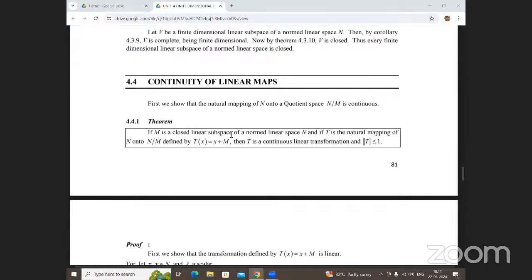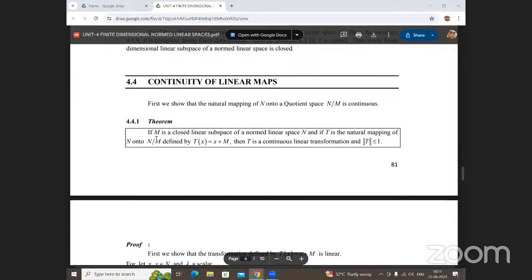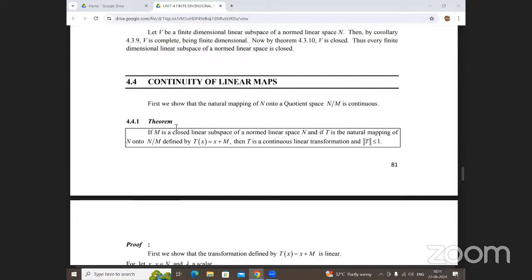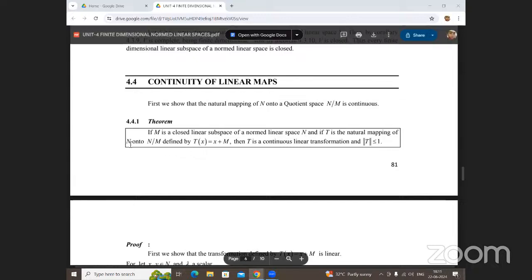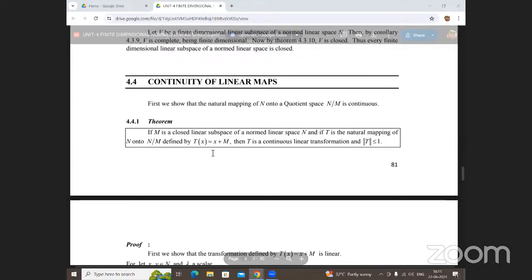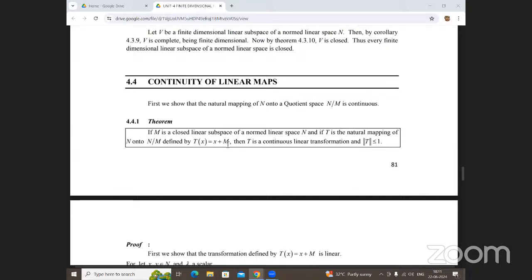Let M be a closed linear subspace of a normed linear space N. Then N by M is called the quotient space, and the natural mapping is capital T defined from N onto N by M. Taking the element X belonging to N, T of X equals the quotient space element, that is the coset X plus capital M.